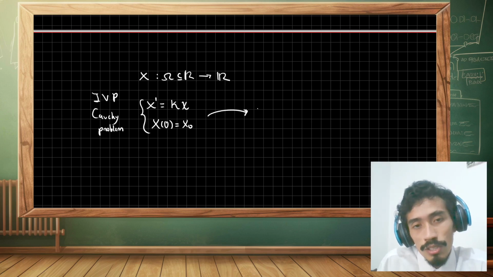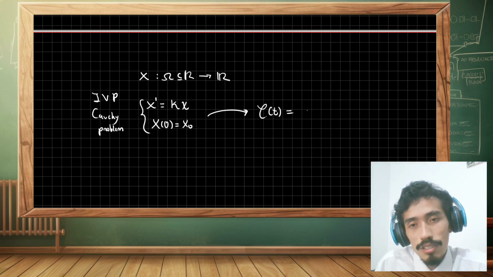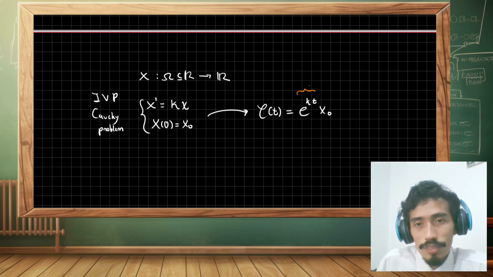You know that the solution of this initial value problem is a function like this. You know that this is the exponential, in this case the real exponential, right?